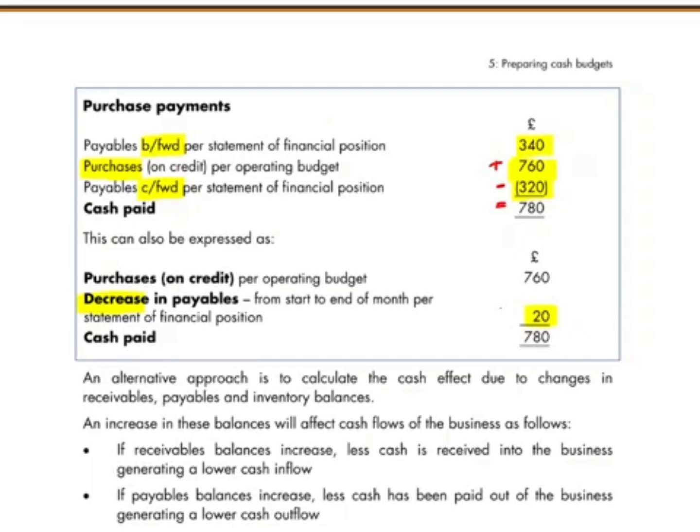So if we add on £20 to the £760 that has been recorded on the operating budget, we come up with the same answer. The cash paid in respect of purchases is £780.